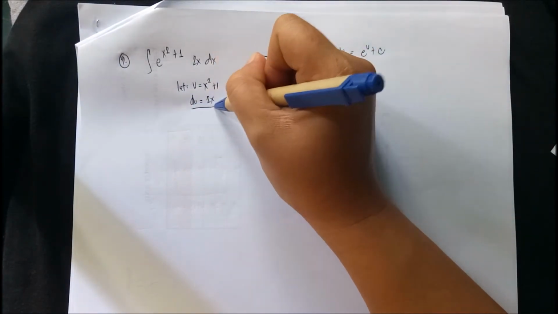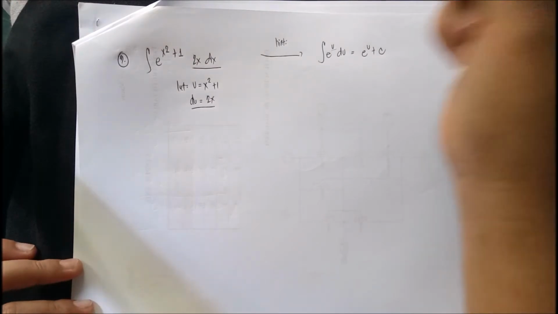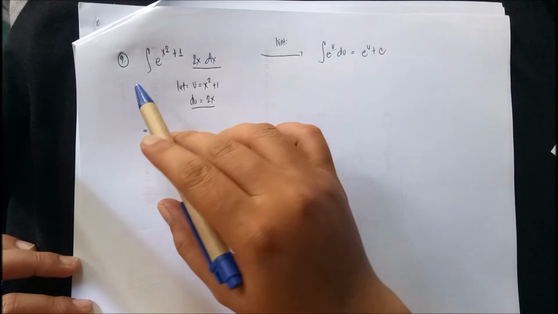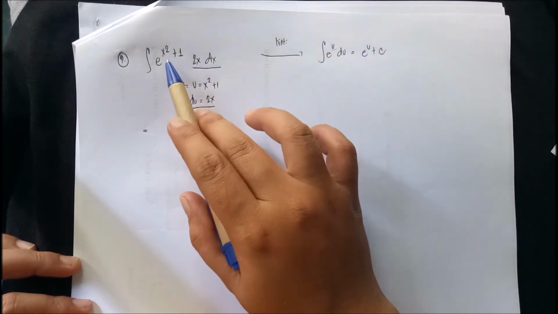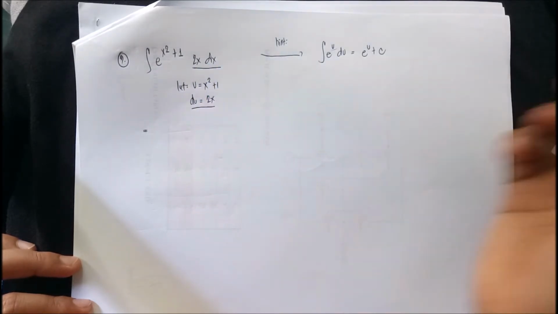Yung du natin na 2x, andito na siya sa given. So, walang problema. Diba? So, ang itsura ng ating problem is, parang ganito na siya. E is this one, yung u natin is this, andito na yung du, which is 2x, dx, walang problema.